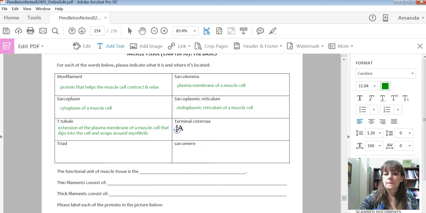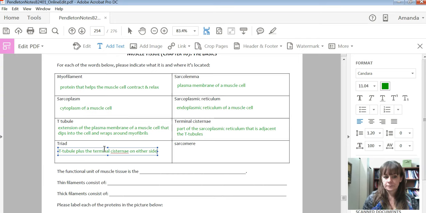Okay. Terminal cisterna is a part of the sarcoplasmic reticulum that is adjacent or next to the T-tubules. And finally, a triad consists of a T-tubule plus the terminal cisterna on either side. Okay.